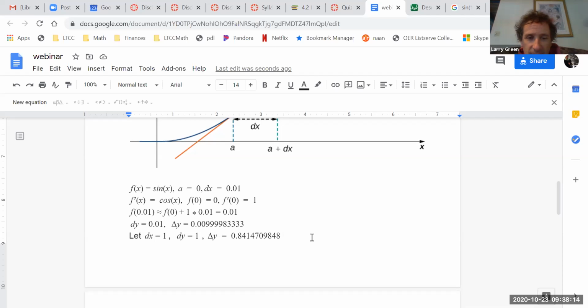What do you think? Yeah, now we don't even have 1 decimal place of accuracy. Whereas if we're at 0.01, we had 6 decimal places of accuracy. So you do have to stay really close. If you don't stay really close, things go bad. Any questions on that?